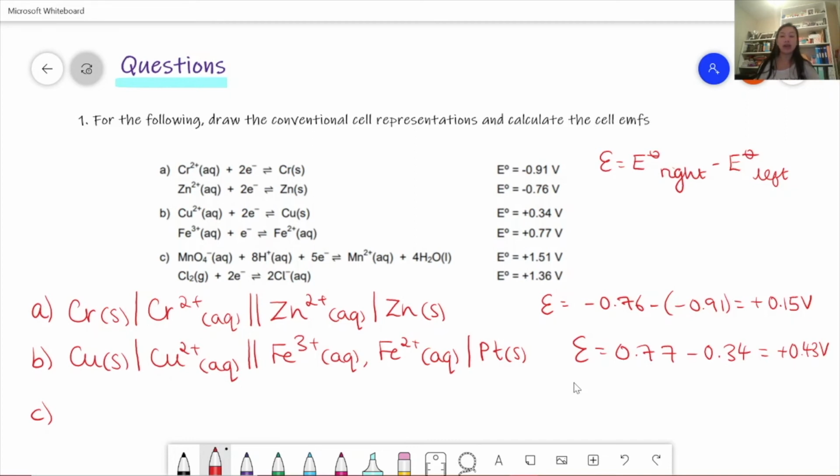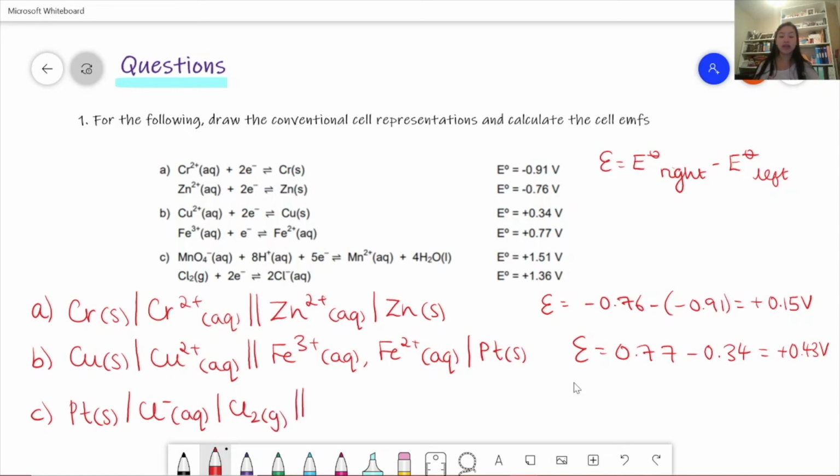So platinum goes on the outside, as always, and then now we can write in the chloride ion and the chlorine molecule. So first we have the chloride ion, which is aqueous, and now we have another line because the chlorine is a gas, it's not aqueous.